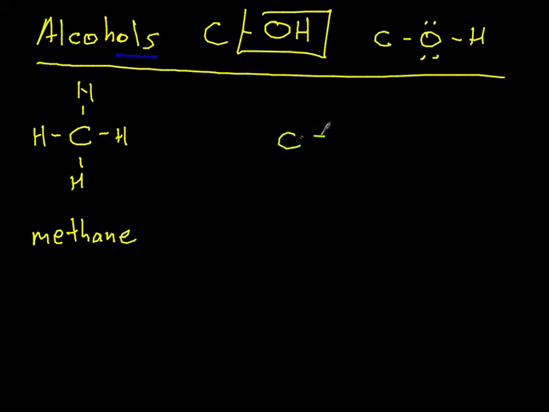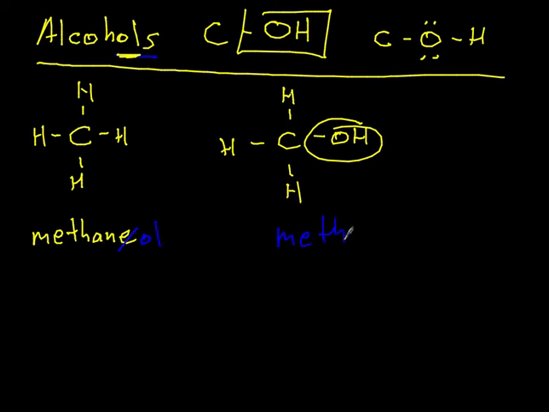If I take my methane and replace one of the H's with an OH, there's my functional group. And that's going to change my ending to -ol. What I'm actually going to do is drop the E and add the -ol. And so that becomes methanol. It becomes methanol.